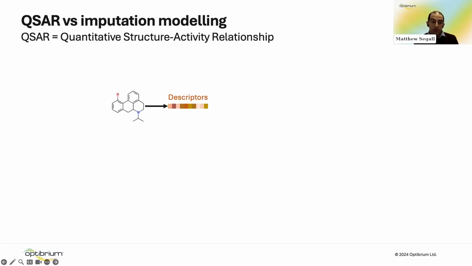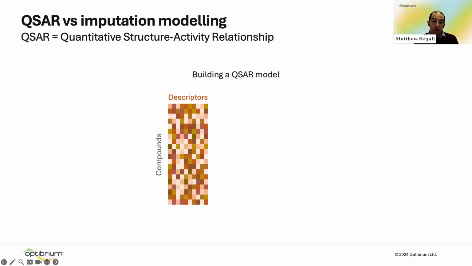Of course, we don't do this just for a single compound, but in practice, we calculate descriptors for a whole set of compounds. And then we construct a model that builds a mathematical relationship between those structural descriptors and the experimental data that we have for those compounds for a property of interest.